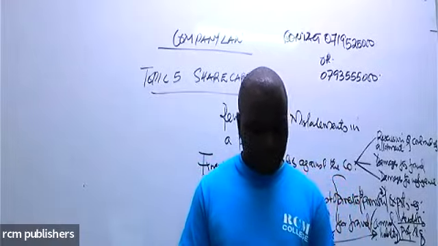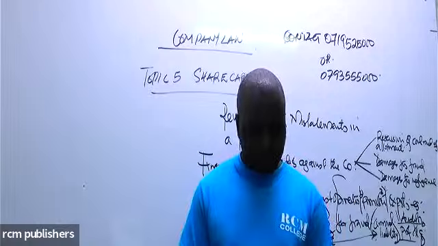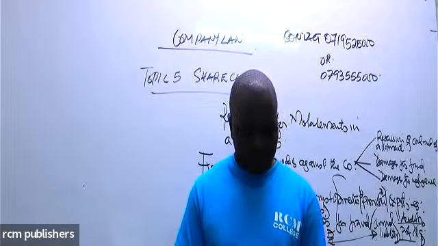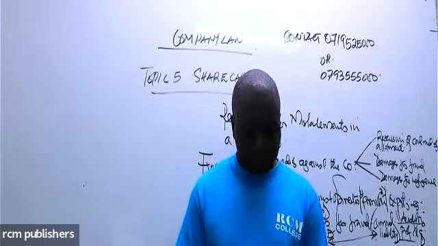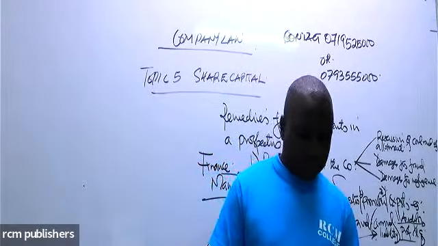Before paying underwriting commission, the following conditions must be fulfilled. Payment of the commission must be authorized by the articles. Commission paid or agreed to be paid does not exceed 10% of the price at which the shares or debentures are issued, or such lower rate as may be fixed by the articles.